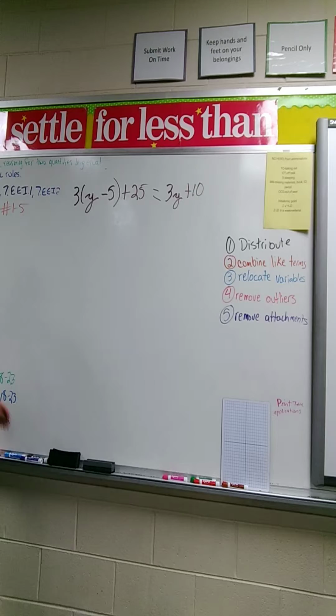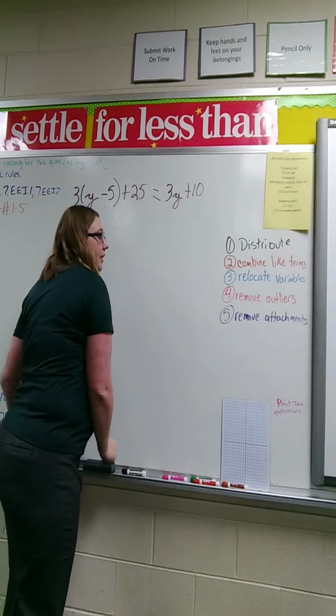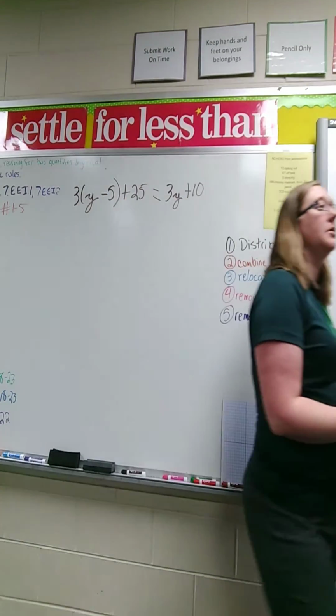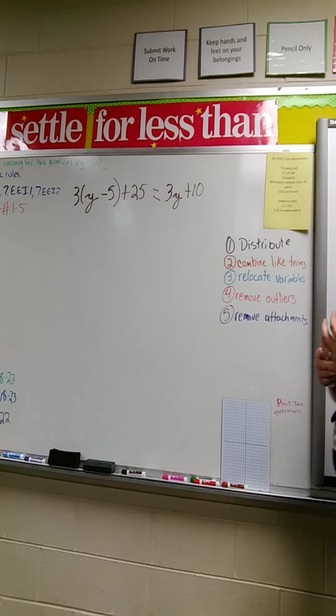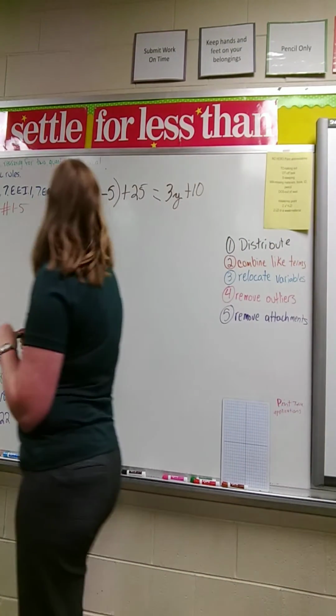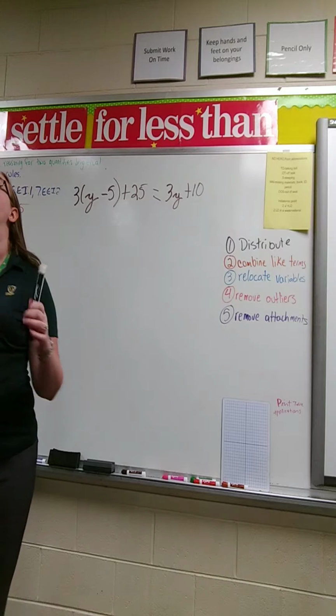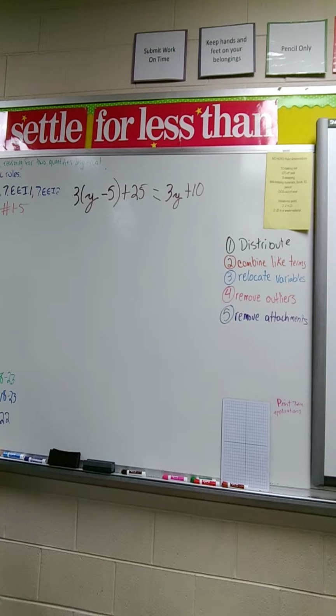So, the first thing I want to know is this. Do I need to do step 1? Yes. What do I have to distribute? What quantity am I distributing? So what number is getting distributed? The 3.